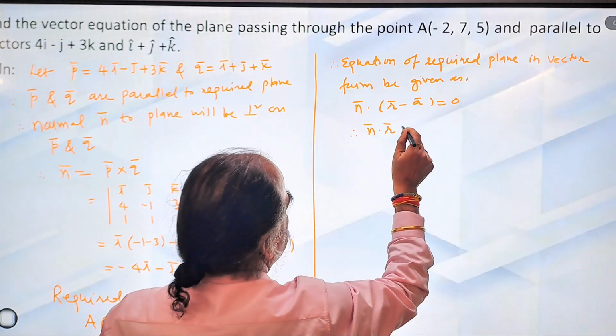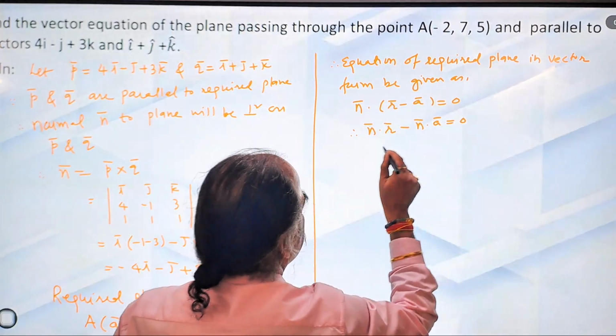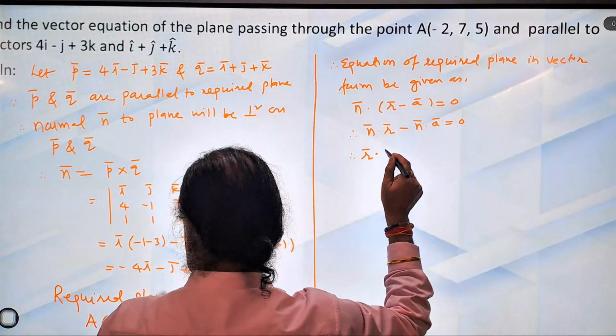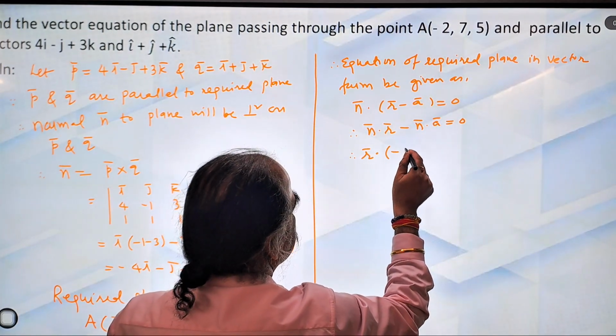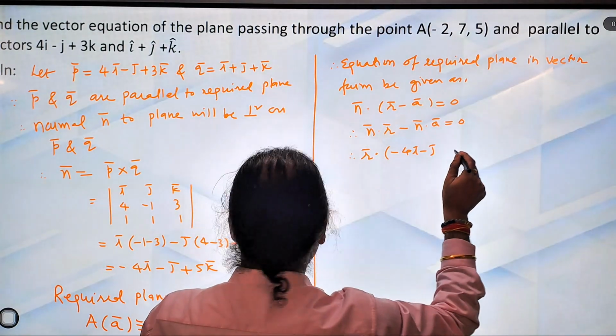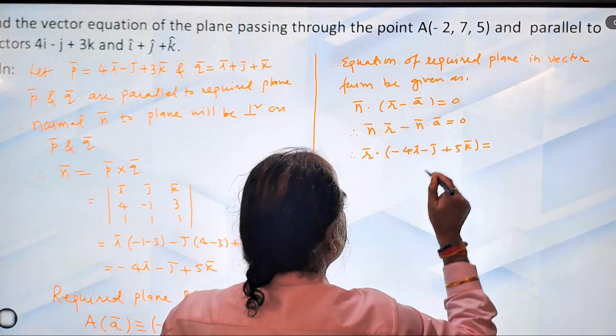So n bar dot r bar equals n bar dot a bar, where n bar is -4i - j + 5k.